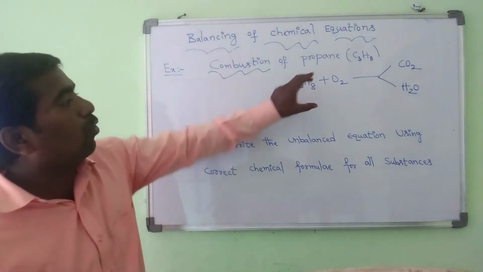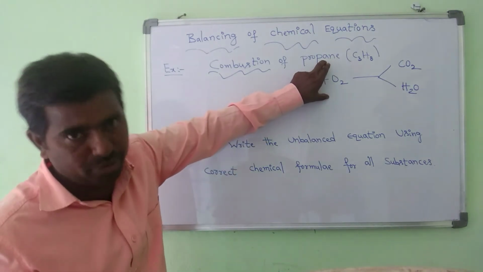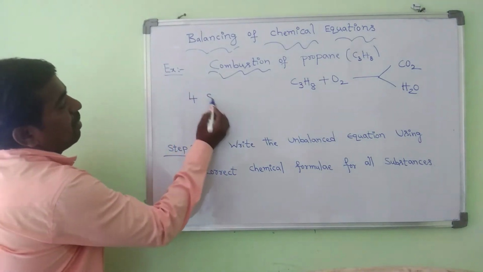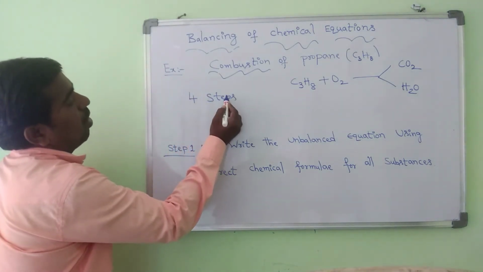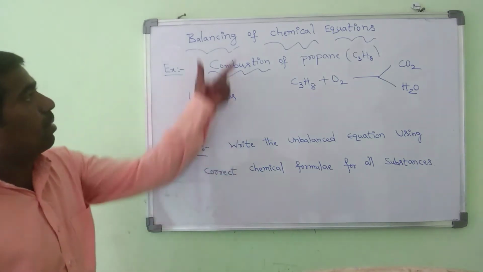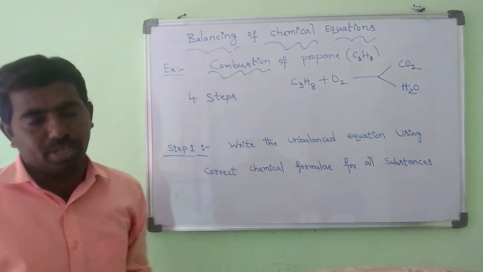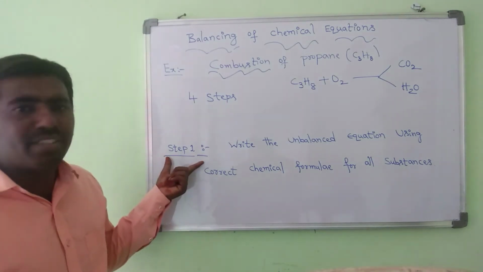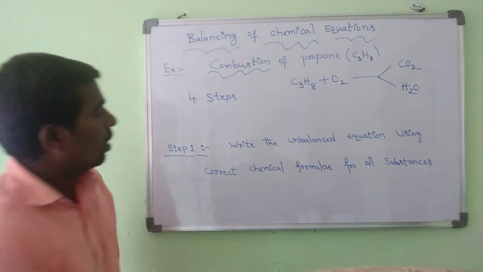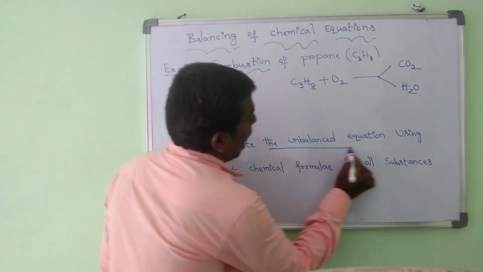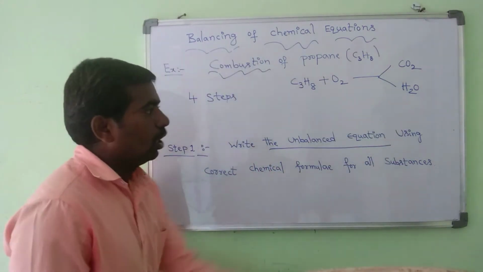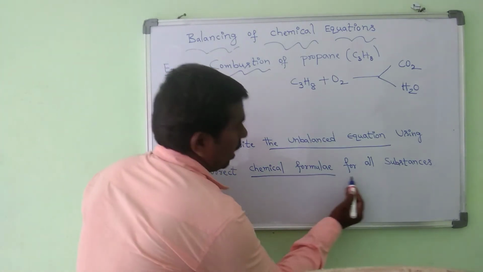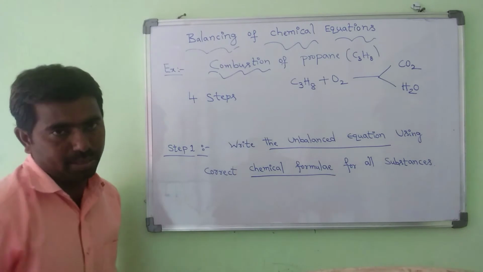Now we have to balance this chemical reaction. Generally 4 steps are used for balancing chemical equations. The first step says: write the unbalanced equation using correct chemical formulae for all the substances.